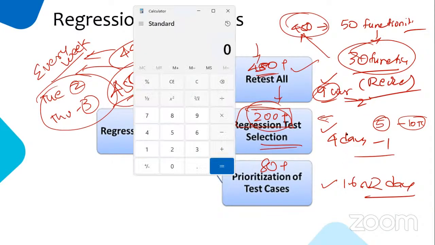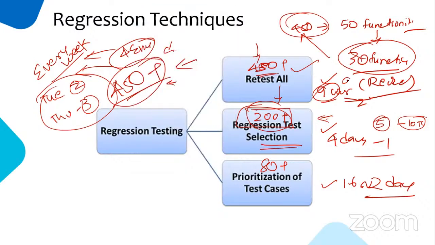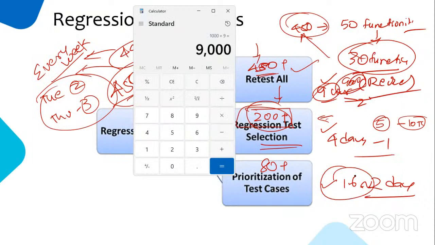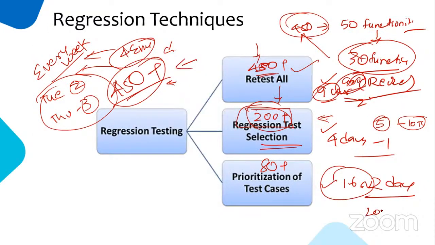For example, 5 resources, 8 hours per resource, $20. $20 is very low, so let's put $25. Per day, the company is spending $1,000, so for 9 days almost $9,000. When you do this trick, it becomes $2,000. So how much money is saved? Everyone should be able to visualize this in terms of management.